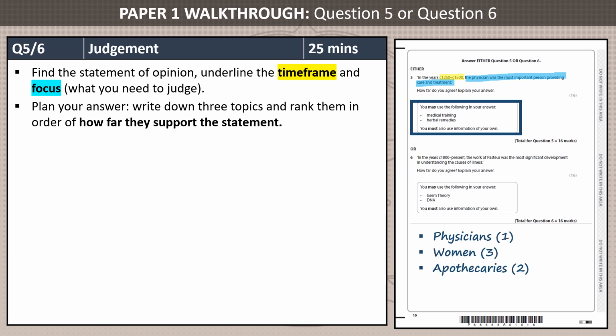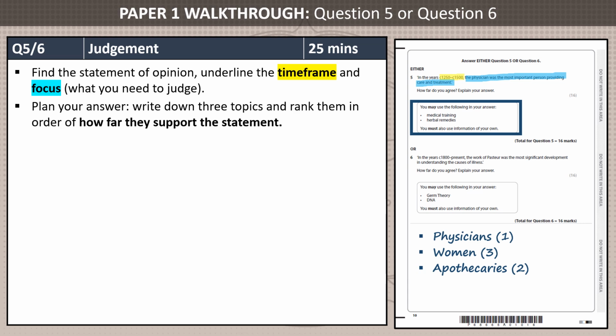Here's my plan for this question. I'm going to write about 3 topics: physicians, women, and apothecaries. My paragraph on physicians will most support the statement of opinion, because I'm going to explain how physicians were the most qualified people giving care.